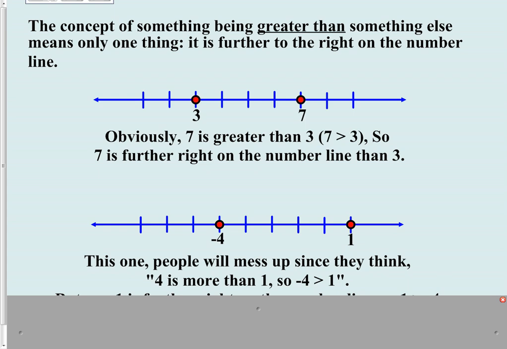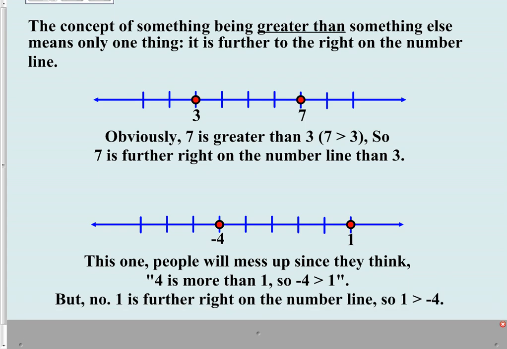They say the 4 is bigger than the 1, so -4 is bigger than +1. But let me look at the number line. Which one is further to the right? Obviously, the 1 is, so +1 is greater than -4. You have to remember positives and negatives change the ball game. You can't simply look at the numerical value and make a decision based on that.